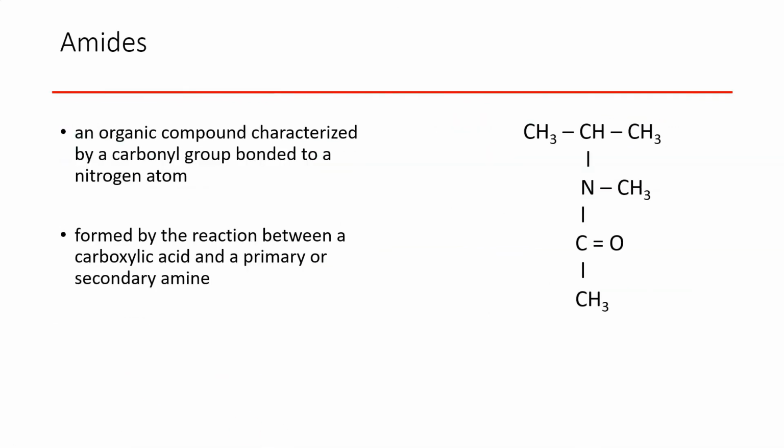Our amides are similar to our esters in that they consist of 2 functional groups attached to the same carbon. So here I have my carbonyl again, but now I also have an amine. They form by the reaction between a carboxylic acid and an amine.